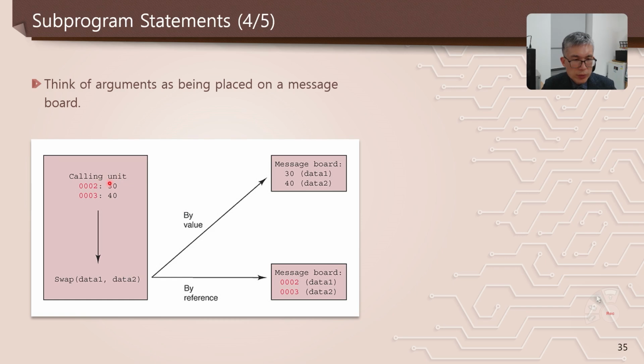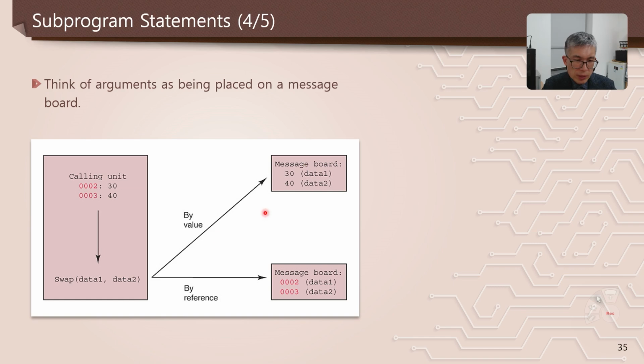So in the calling unit, the first data is at address 0002, value 30. The second variable is at address 0003, value 40. And then swap exchanges the two values. In the call by value case, actually only the data value is delivered.